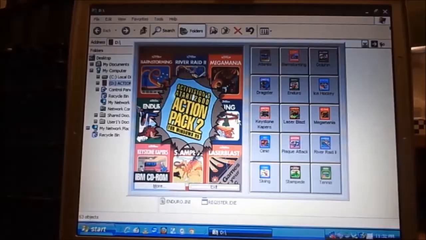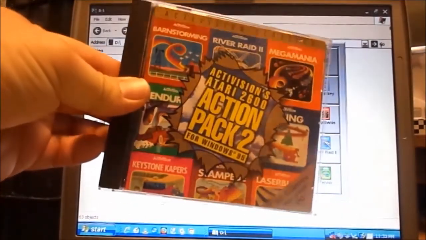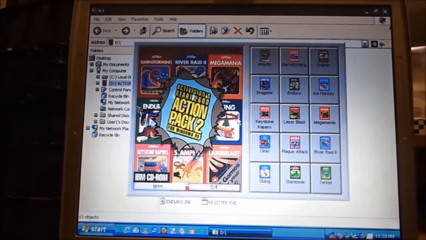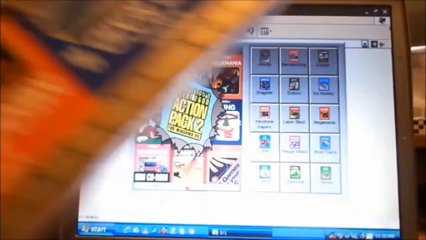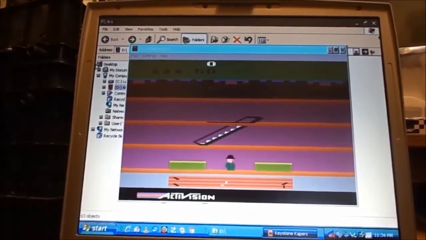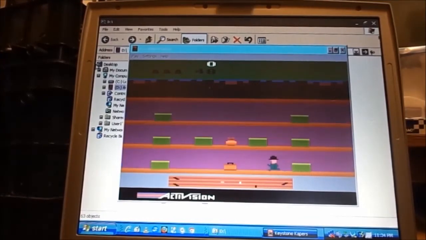When I talked about that, I tested the Activision Atari 2600 Action Pack 2 with that controller, and unfortunately the sound chip in my computer, the sound chip in just about every computer I ever had, I don't think I've ever had a computer with a compatible sound chip, so I've never gotten proper audio from it. But I actually take a look at Keystone Kapers there as well.